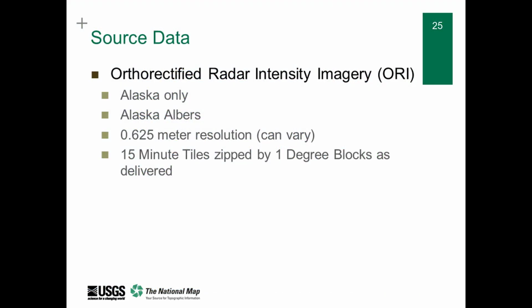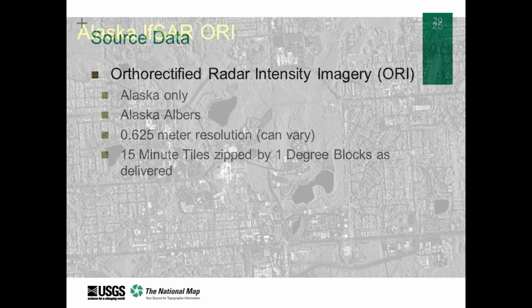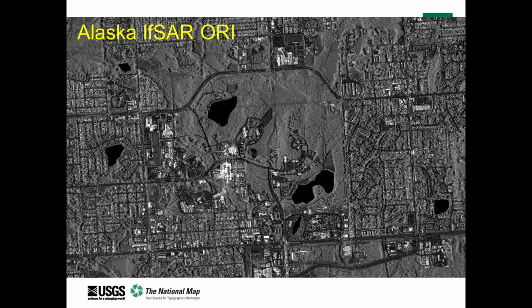Another source data product which is available only for Alaska is the radar intensity image. These are ortho-rectified images that have the appearance of a black and white aerial photograph. Some of the intensity image characteristics are shown here. This ortho-rectified raster intensity, or ORI image, shows a region centered on the University of Alaska in Anchorage.